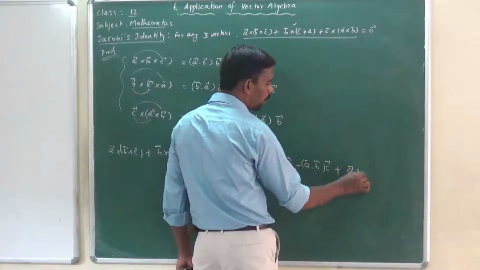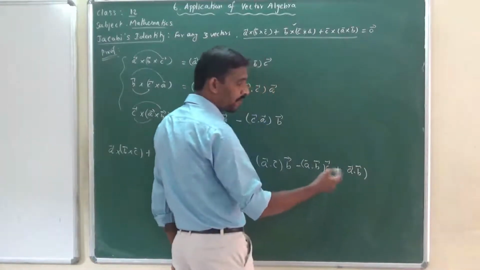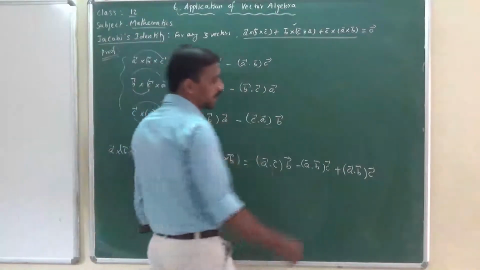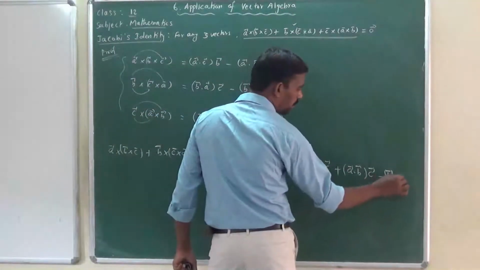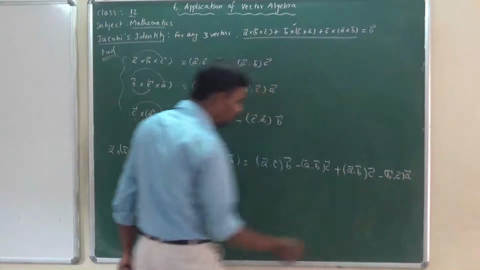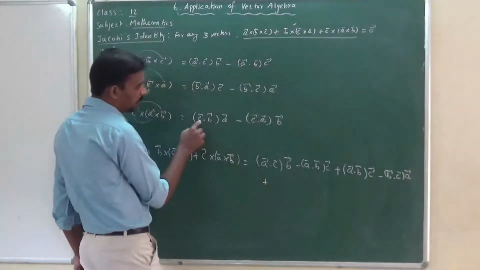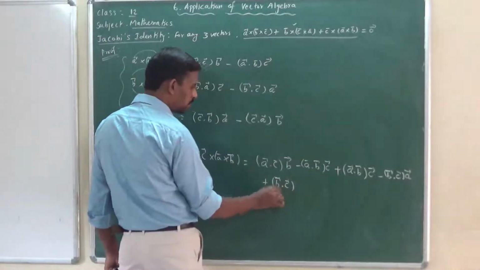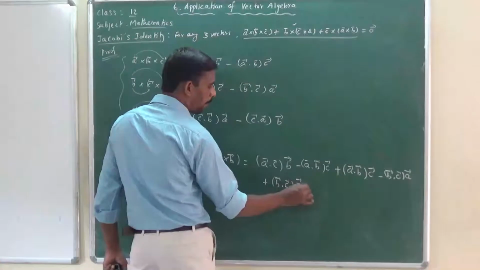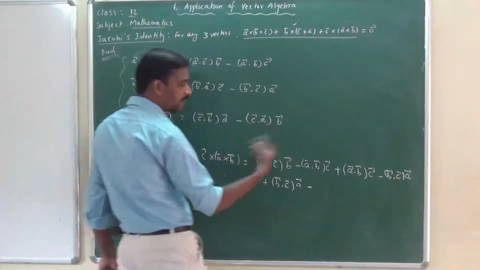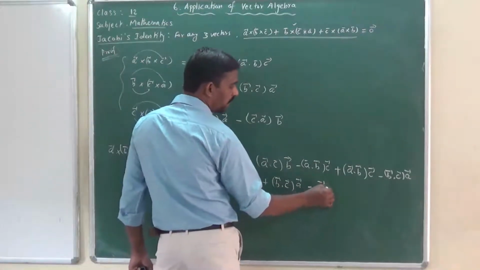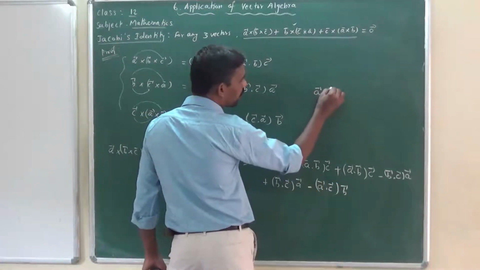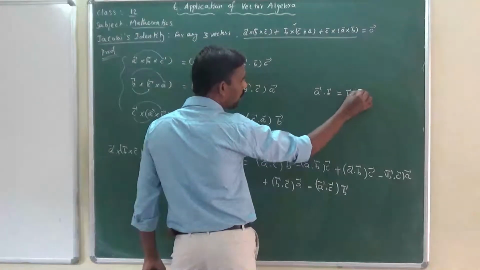This is fine because a vector dot b vector equals b vector dot a vector, both are the same. Next one: minus b dot c into a, minus b vector dot c vector into a vector, plus the third one, c vector dot b vector, we can write b vector dot c vector, this addition, then a vector, minus this one, c vector dot a vector, we can write a dot c, a vector dot c vector into b vector, because a vector dot b vector is equal to b vector dot a vector.